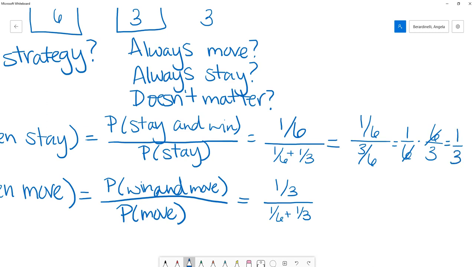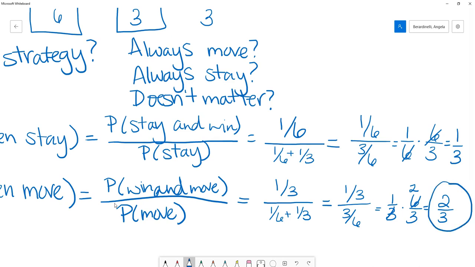The probability that I win if I move is 1/3 divided by 3/6. So 1/3 times 6/3. So that's 2/3. And so which one has a higher probability of winning? This number is twice as big as this number.